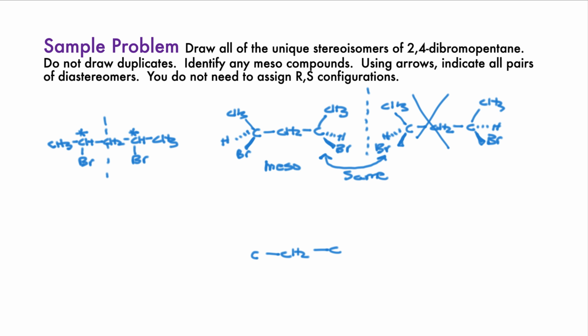Now let's switch the second chirality center so the bromine points back and the hydrogen points forward. And again, we'll draw the mirror image of this molecule.